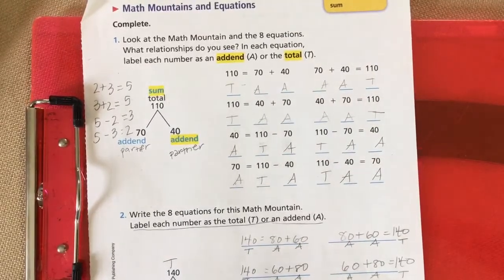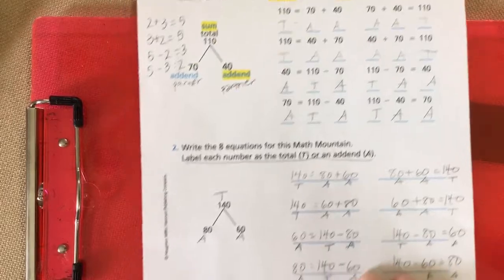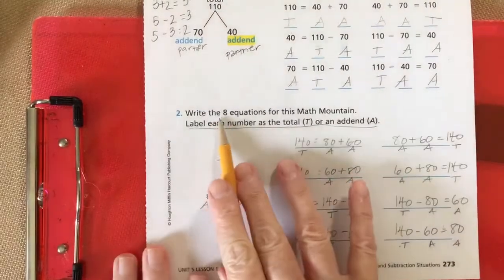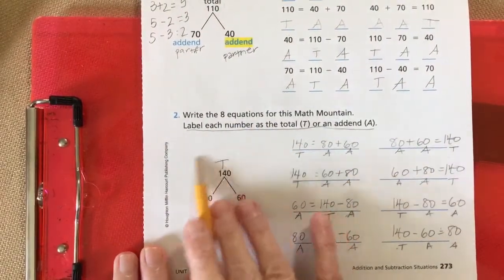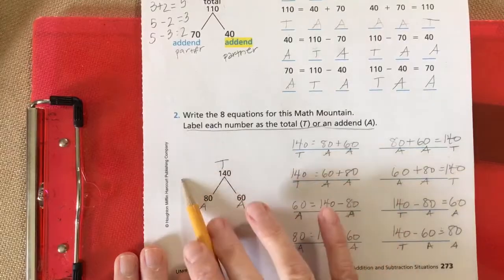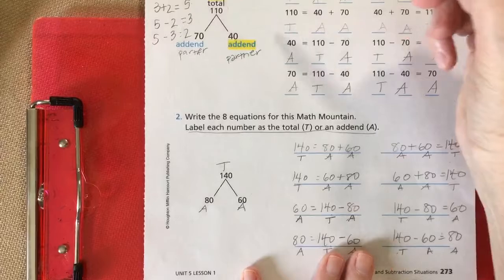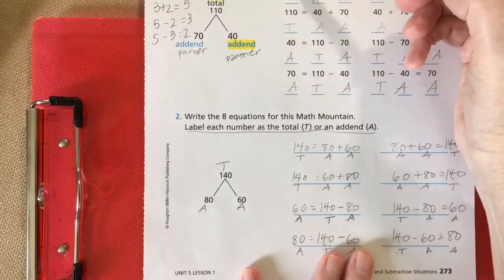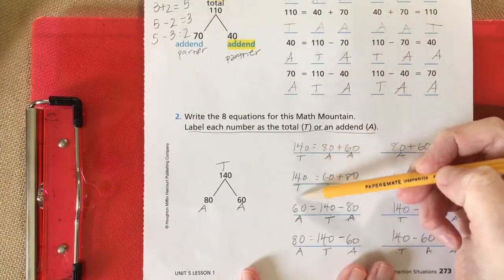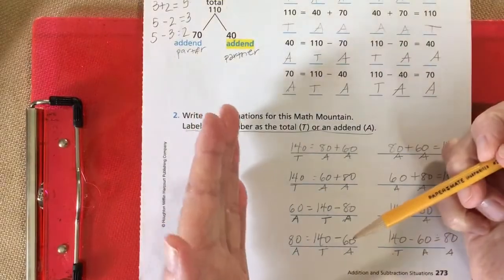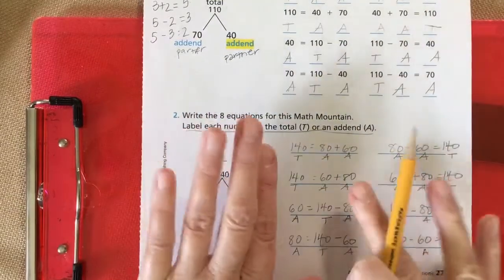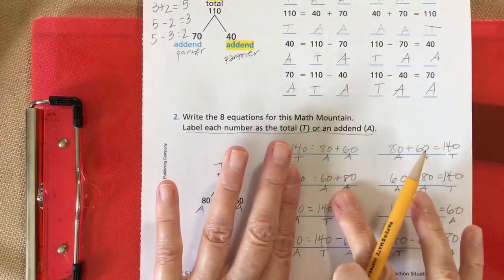Okay, now right down here for this next problem, they wanted you to write the 8 equations for this math mountain right here. Okay, so I did it just like I did above. I took the answer for the problems and I put it on the left side of the equation. Okay, this may be a little bit more difficult for you to do.